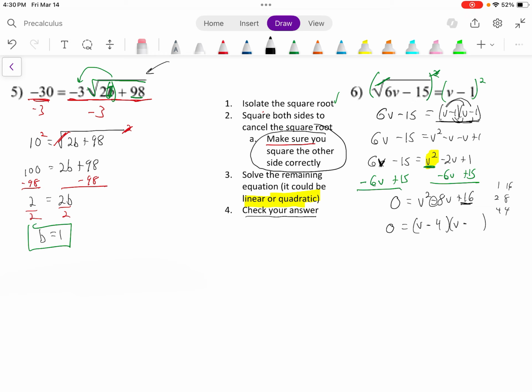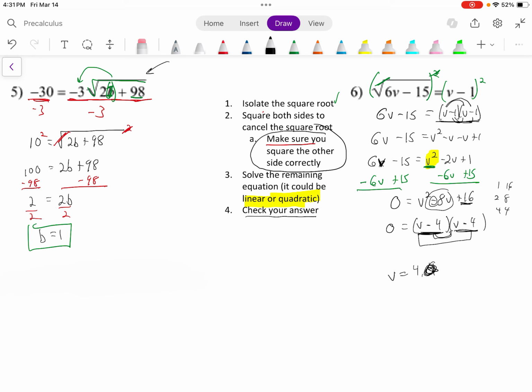So it looks like 4 and 4 is going to work for us. Just to check it, negative 4v and a negative 4v does give us that negative 8v. So we finish by solving. Either v equals 4, because we want to make this equal 0, or v equals 4 from this one, which obviously we don't need to write twice. So we'll just say v equals 4.